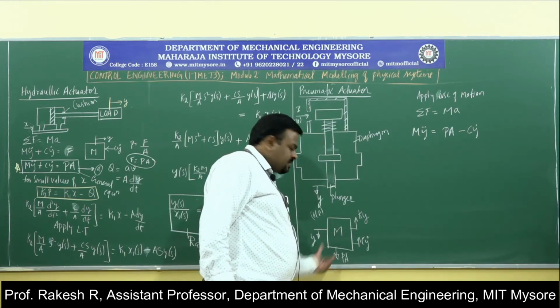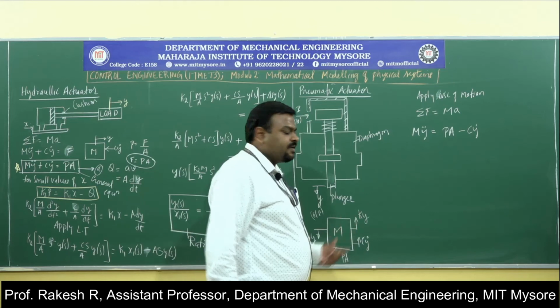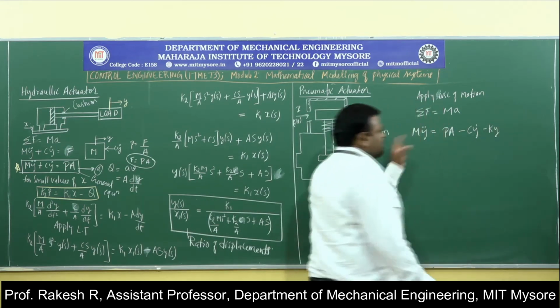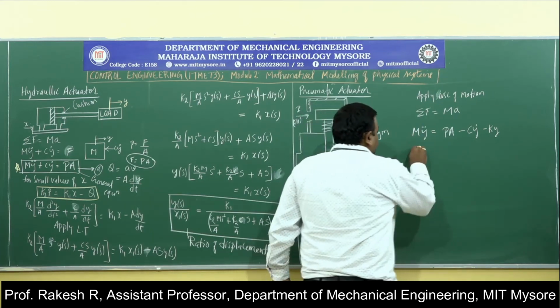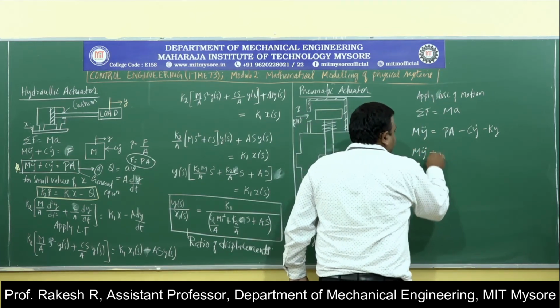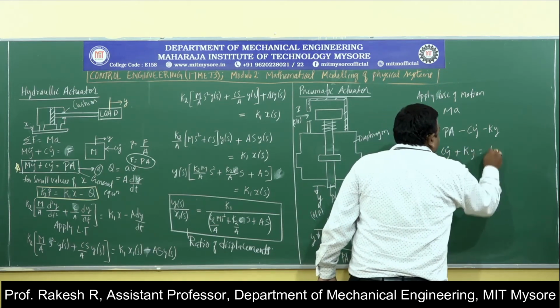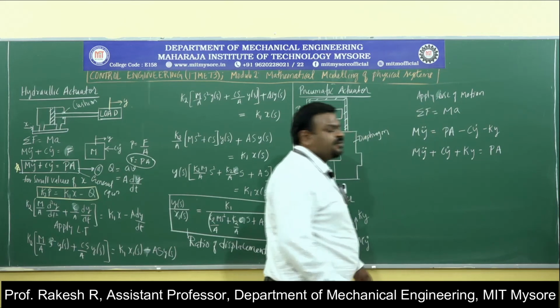Displacement direction is this. These two are acting opposite to the displacement, restoring forces, minus K into y. So rearrange this: M y double dot plus C y dot plus K y will be equal to pressure into area.